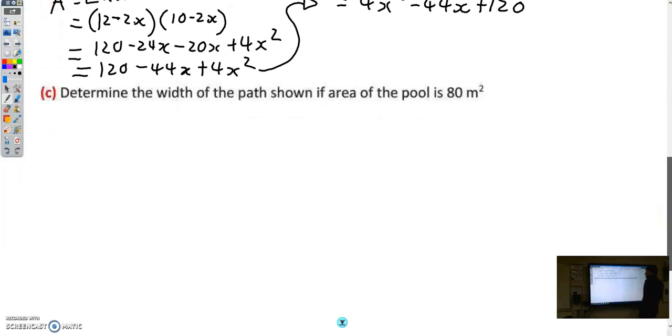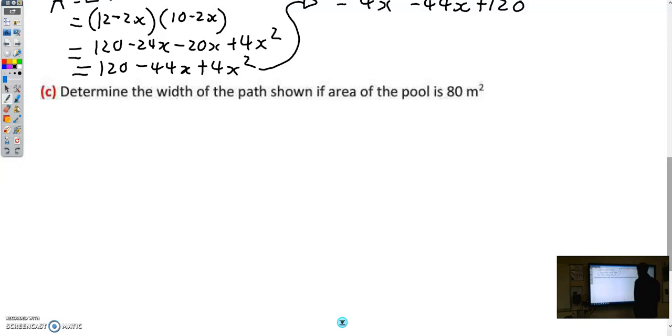Determine the width of the path shown if the area of the pool is 80 meters squared. Now, at this point, remember that x defines the width of the path. So all we have to do is solve for x, and we've answered this question. We have our equation that the area of the pool is equal to 4x squared minus 44x plus 120.